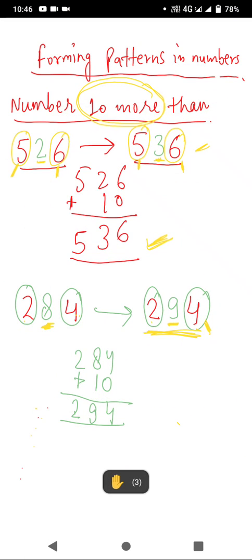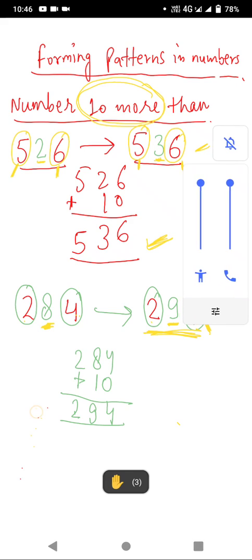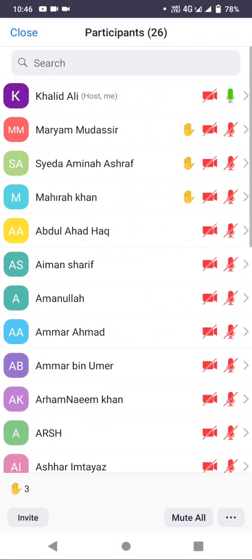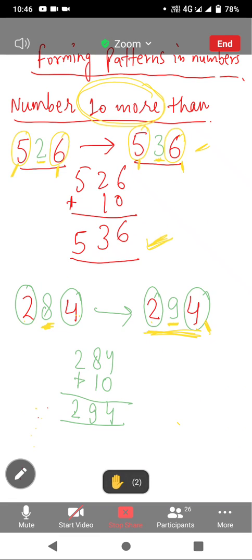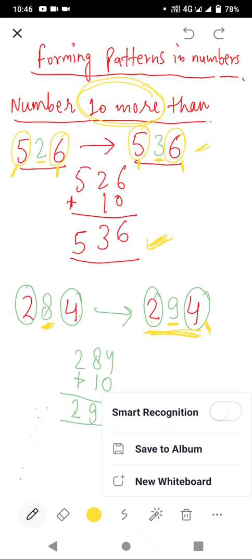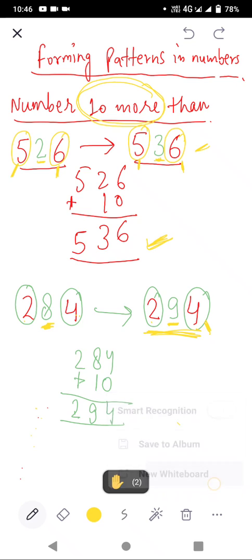Okay, so let's see a number which is 100 more than. Then you will understand it. So now a number 100 more than. So students, when we need to find out more than, then we need to add. In that case we have to add to find out more.